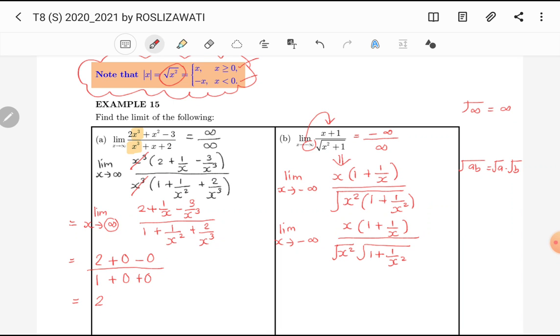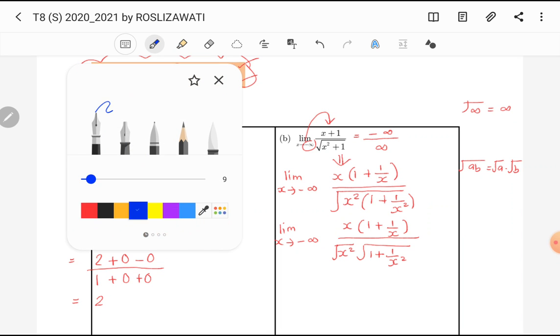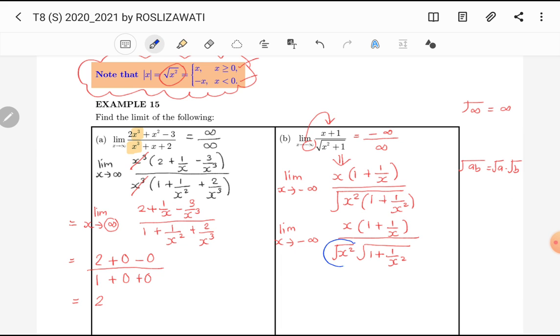Square root of x squared. Okay, awak tengok kat sini. Awak tengok yang saya cakap definition tadi ni. Square root of x squared can be positive x and can be negative x. So, kita nak letak positif ke negatif? Okay, so kita akan tengok x approaches what number. So, for now, x approaches negative infinity. Your x is negative, less than 0.